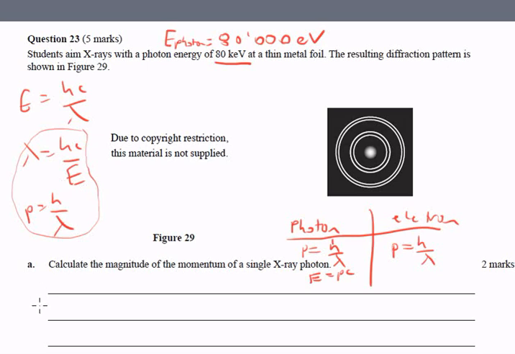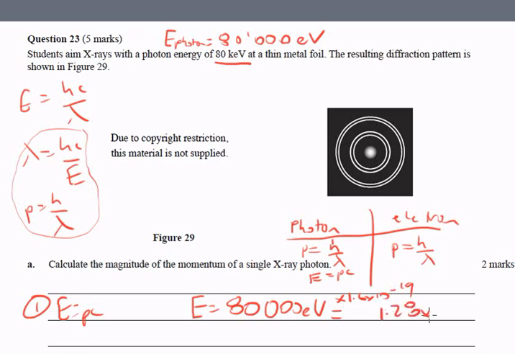Alright, here we go. So I've got E equals Pc. This gives energy in joules. So I've got to say my energy equals 80,000 electron volts, which when I times it by 1.6 by 10 to the minus 19, I get 1.28 by 10 to the minus 14 joules.